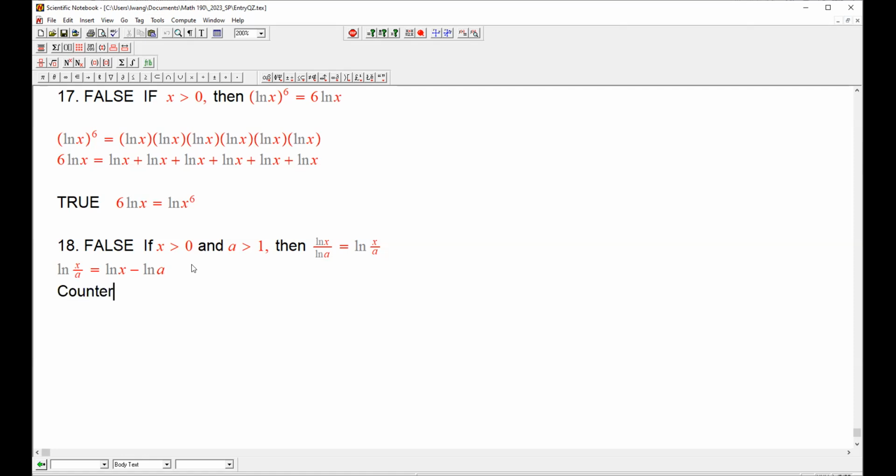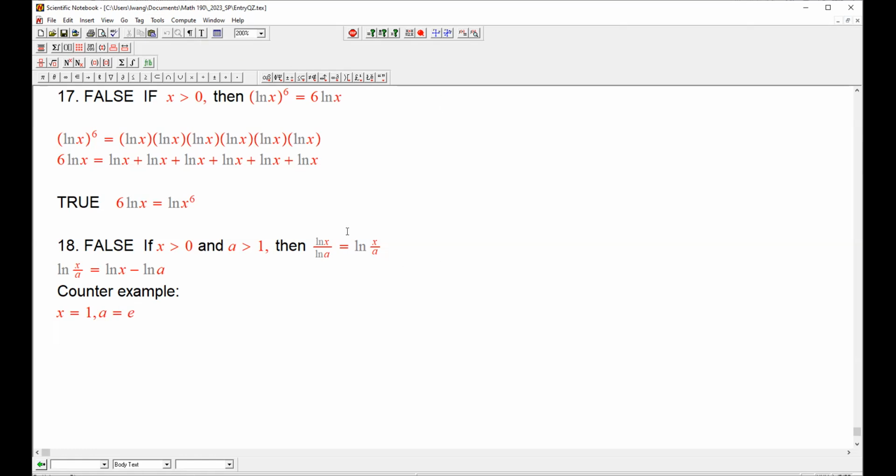Okay, counterexample. When you see the concrete numbers, we're going to pick x and a from the category specified, right? x must be greater than 0, a is greater than 1. So how about I choose x equals 1, and I choose a equals e?